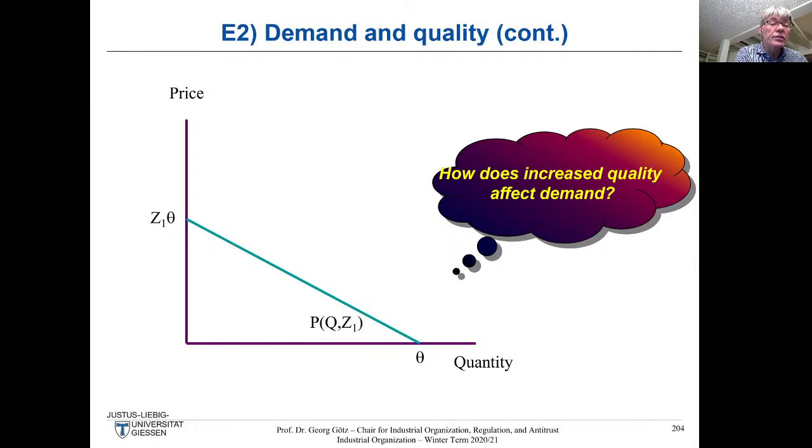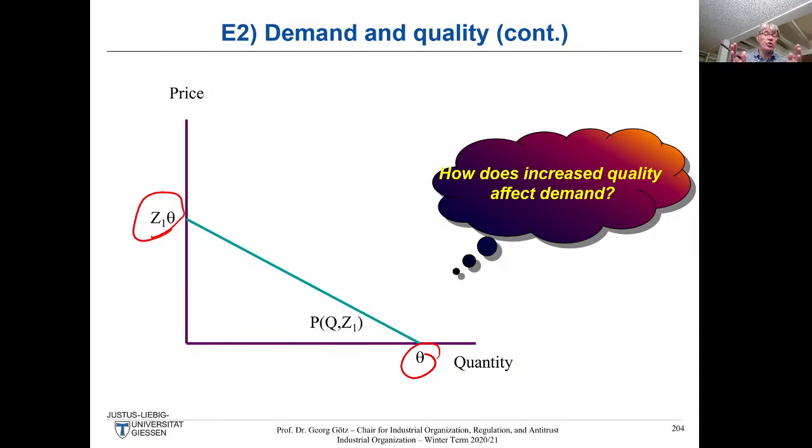So theta on the one hand together with C determines your maximum willingness to pay. On the other hand, theta is always the total number of consumers. Okay? Given that we have a uniform distribution from 0 up to theta and a density 1.